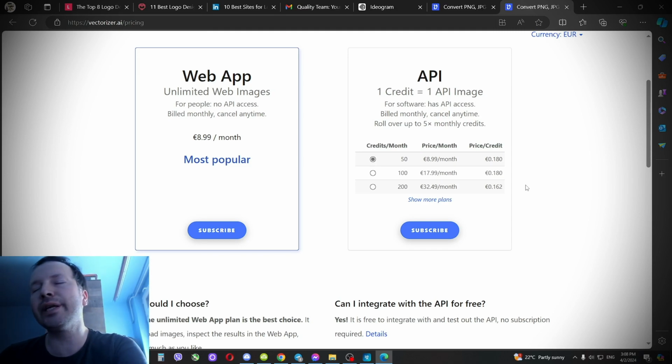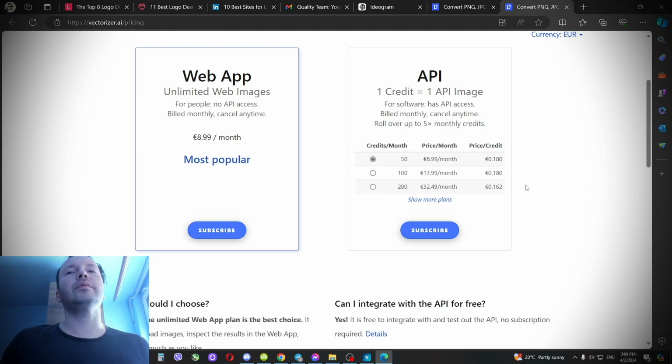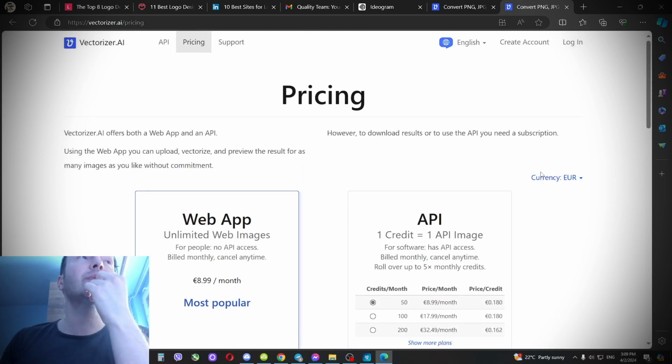I think it's only worth paying when you win a logo contest, then you come here and input the raster and you get a vector image. It's very expensive, but it's very good. It's really good, I tried it, and it makes a really good vector image.